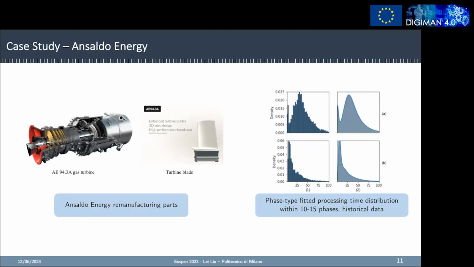We tested our algorithms in a real case study, from Ansaldo Energy, which is the gas turbine blade manufacturer located in Italy. And we used the phase type distributions to fit the historical data of the processing time within 10 to 15 phases. It gives good results.